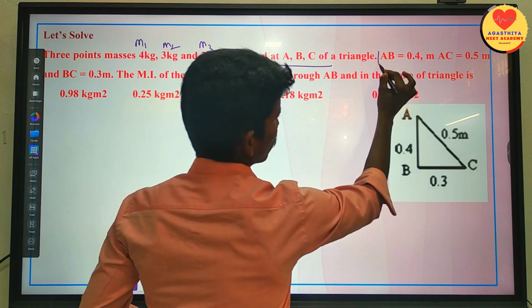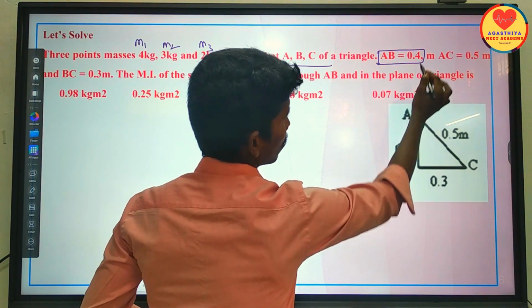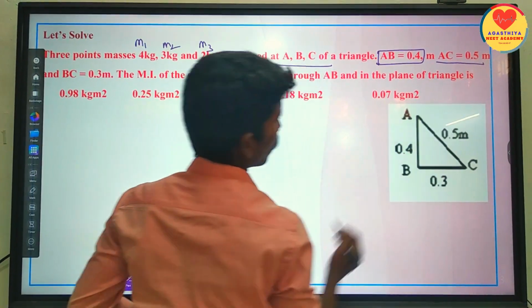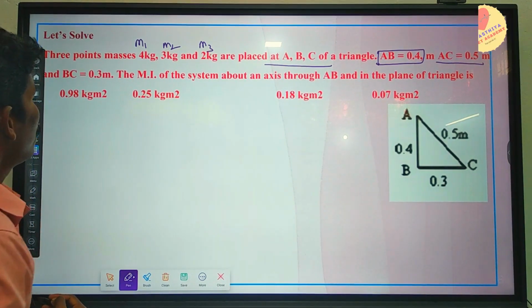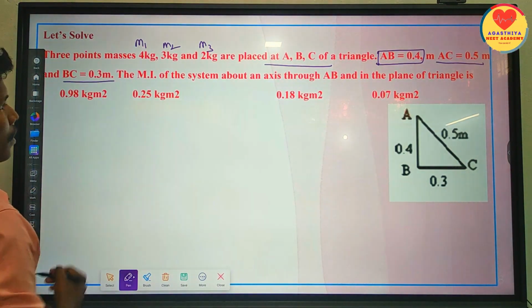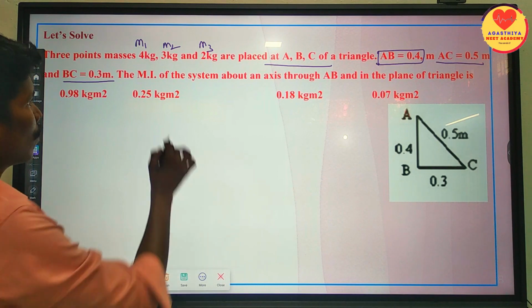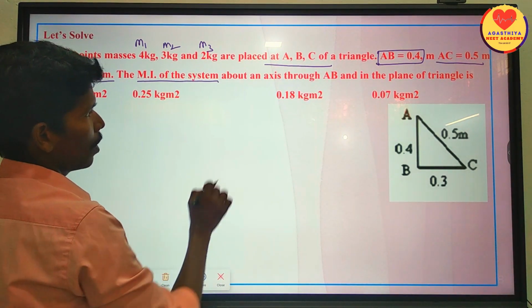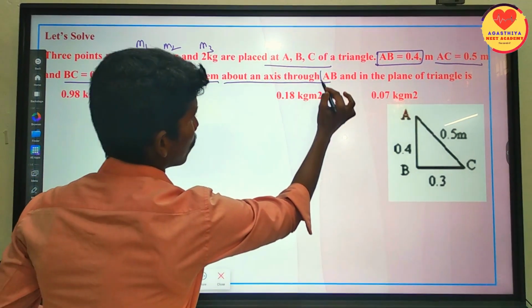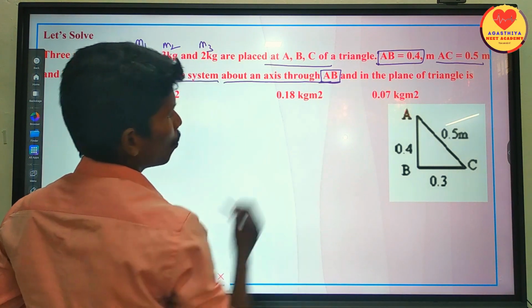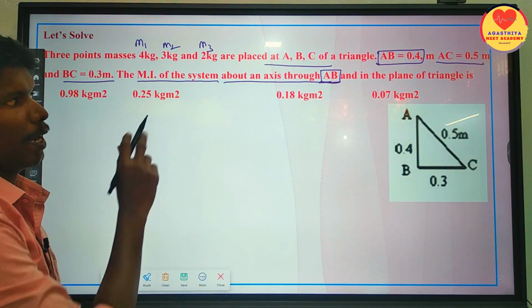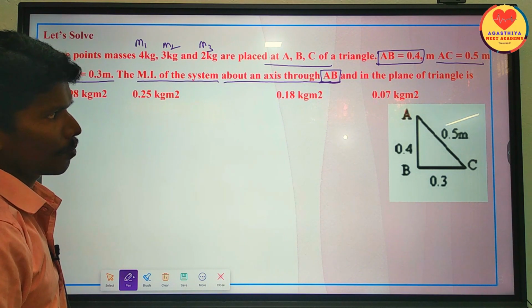AB is the distance, that is 0.4 meter. Then AC is 0.5 meter. BC is 0.3 meter. Calculate the moment of inertia of the system about an axis passing through AB in the plane of the triangle.